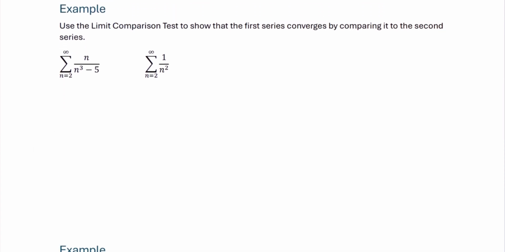For example, let's compare these two and show that they do converge by using the limit comparison test. We'll let a sub n be the first sequence, and b sub n will be our second, 1 divided by n squared.